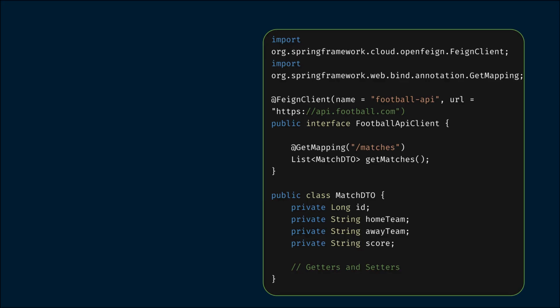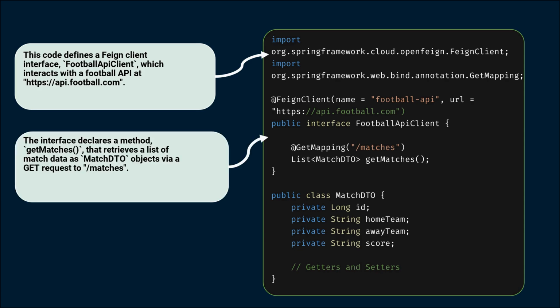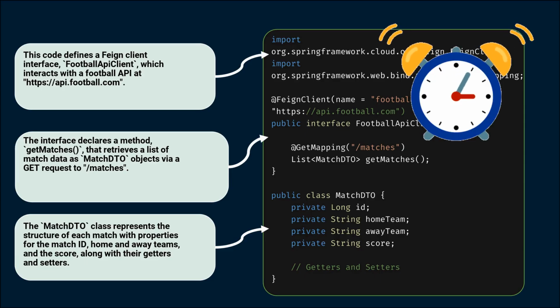Now, let's implement a Feign client to interact with our football RESTful API. Here, we create an interface named FootballAPIClient and annotate it with @FeignClient. This annotation registers the interface as a Feign client, where the name attribute specifies the client's identifier, while the URL attribute points to the API's base URL.